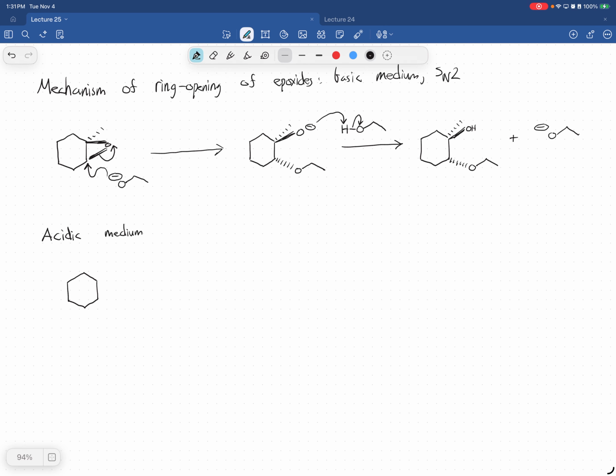All right? It's a trick question, okay? So I'll present to you the 2 obvious pathways here. Least hindered, basic conditions, least hindered side. Acidic conditions, tertiary position. It's going to go to the tertiary side, as we'll soon see.